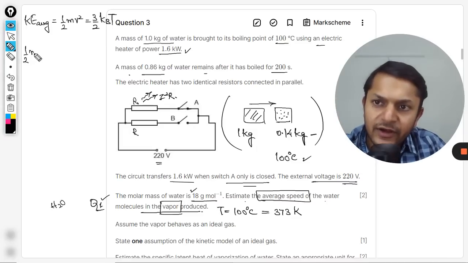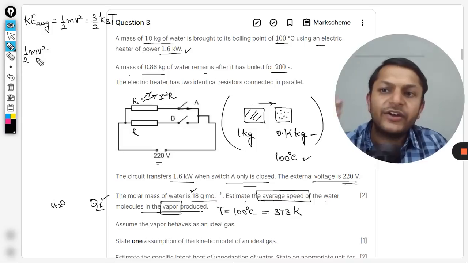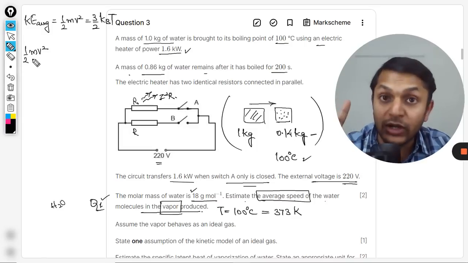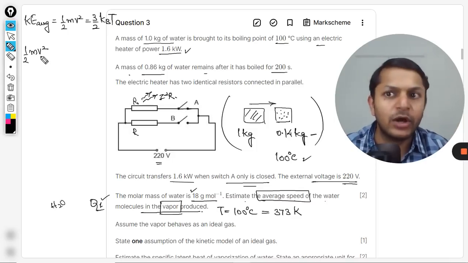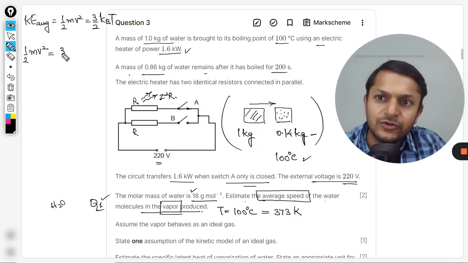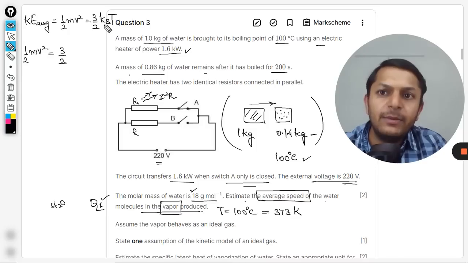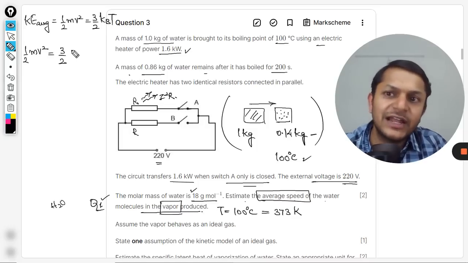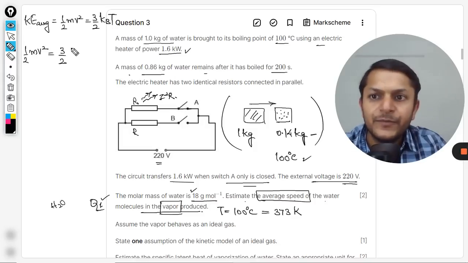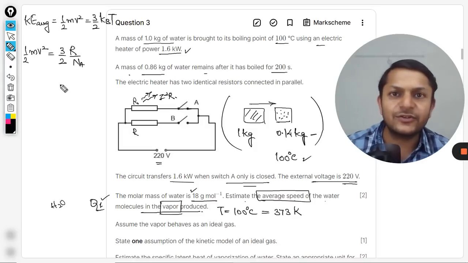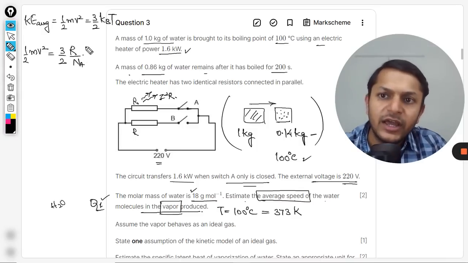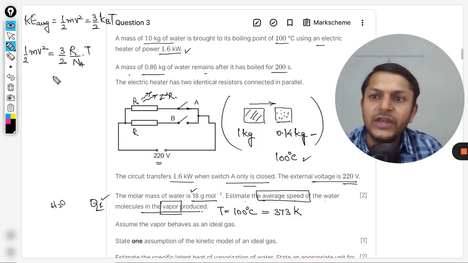So half mv square, where m is the mass of one molecule and v is the average velocity of one molecule, is equal to 3 by 2 kB T. kB is the Boltzmann constant. We can use that value, or we can even substitute it as the universal gas constant divided by Avogadro's number, into the temperature in Kelvin.